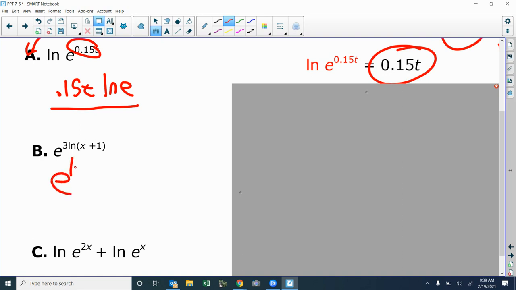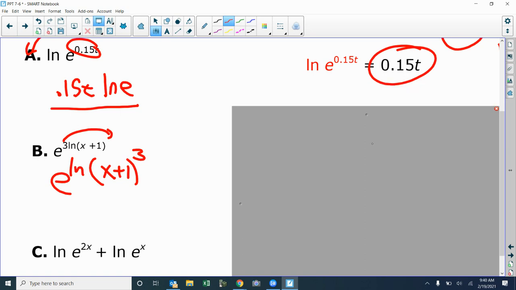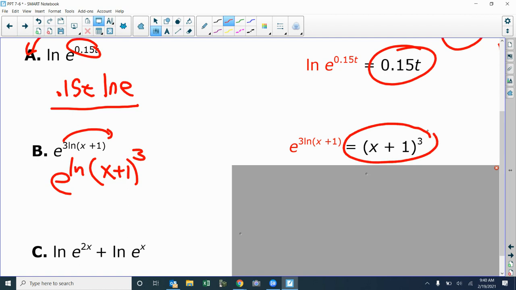E to the 3 ln of x plus 1. I can take it back up, can I? Yeah, I can do that with logs. I can move it back and forth. So now, what do I end up with? Well, I have e to the ln, so guess what? That is 1, so my whole thing just simplifies to what? Boop. x plus 1 to the third.